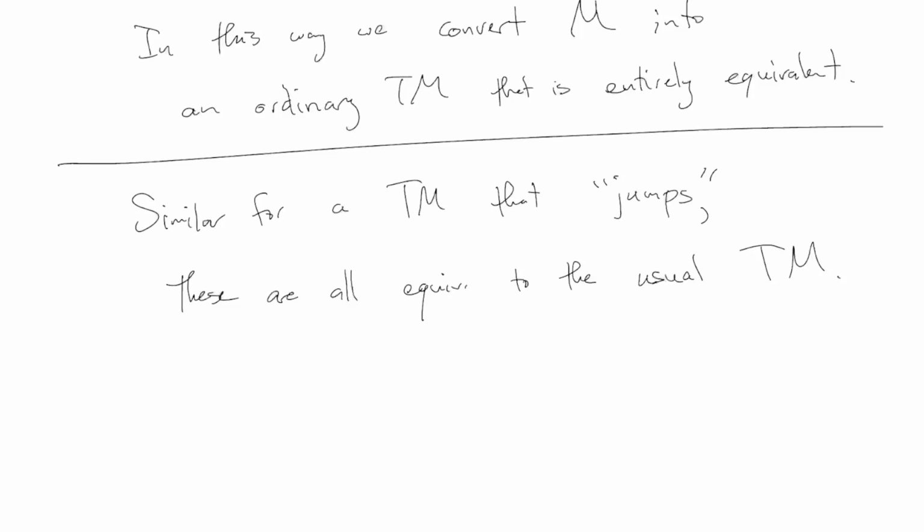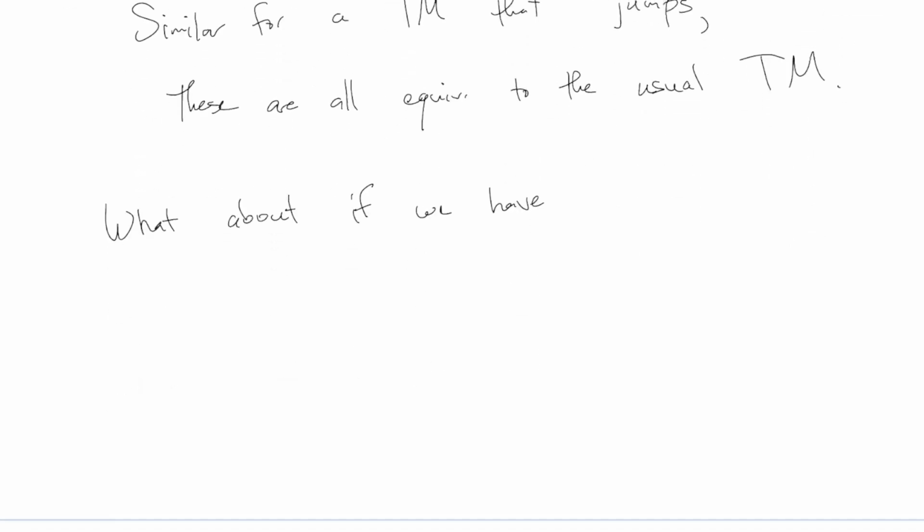You could also think about variations in terms of the structure of the tape. So how about this one? Instead of imagining the tape as a long, infinitely long thing which stretches out in both directions, what if, I don't know if you ever thought about this, we have a 2-dimensional tape?